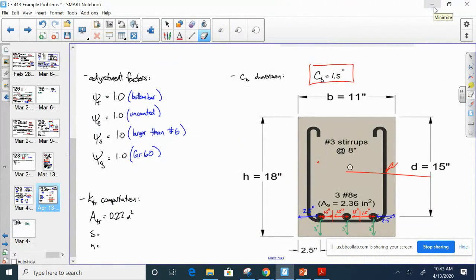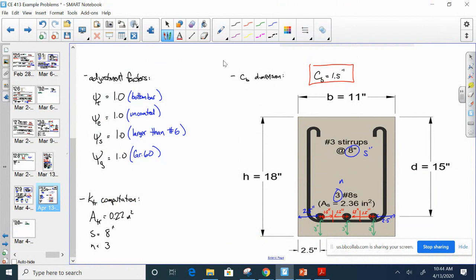S is the spacing of your stirrups, and that's given right there on the beam. S is 8 inches. And N is the number of the longitudinal bars. And so I'll say that's 3, because that's our S value, and that's N. All right, everybody clear on that?